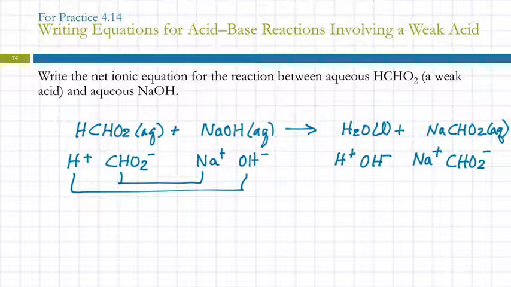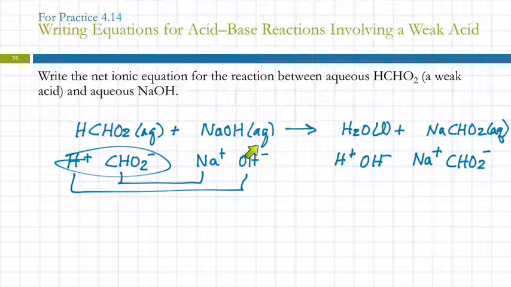Here we have an acid, and the question we ask about acids is, is it a strong acid or a weak acid? This is a weak acid, which tells me that it's mostly intact molecules. So in the ionic equations, I'm not going to write it as individual ions. So those guys are going to stay together.